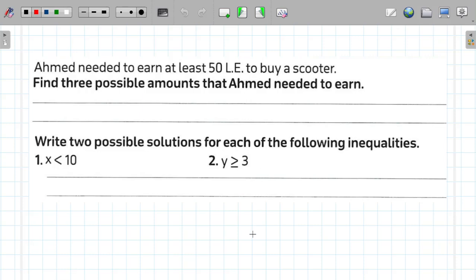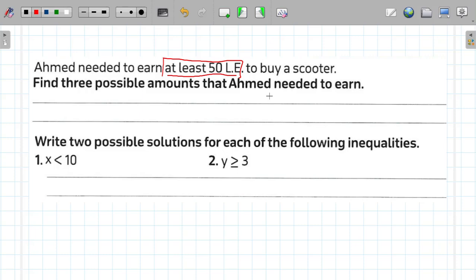Okay, I have 2 examples like this here. The first one says Ahmed needed to earn at least 50 pounds to buy a scooter. Find 3 possible amounts that Ahmed needed to earn. At least means I want 50 pounds or more.